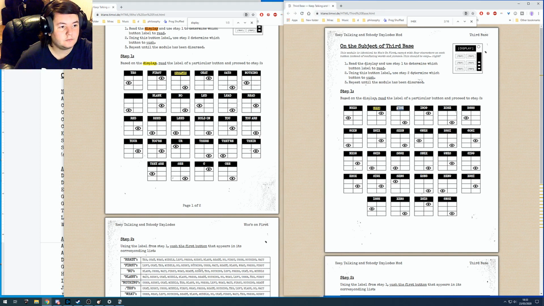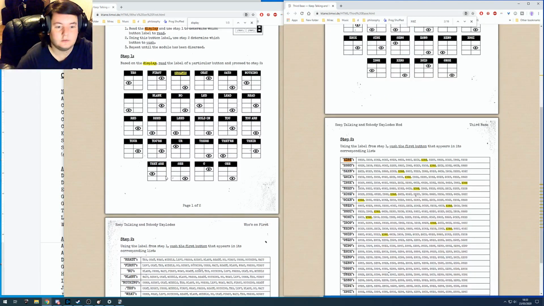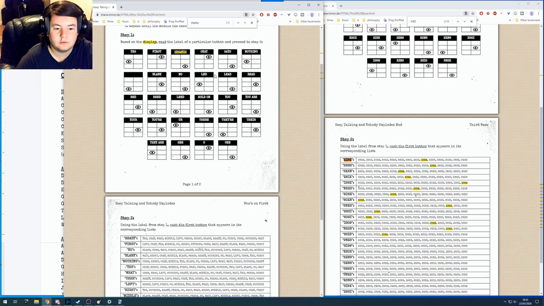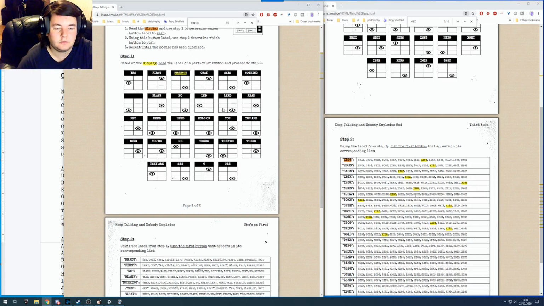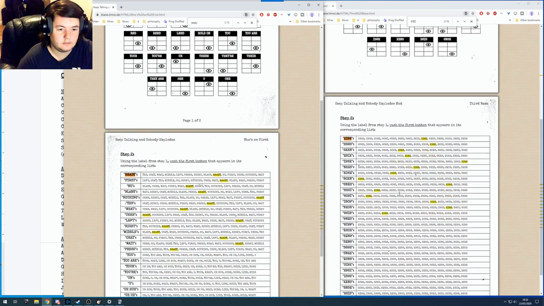Display maps to XYZ. No, display is one of the words that doesn't appear at the bottom. But ready does map to.